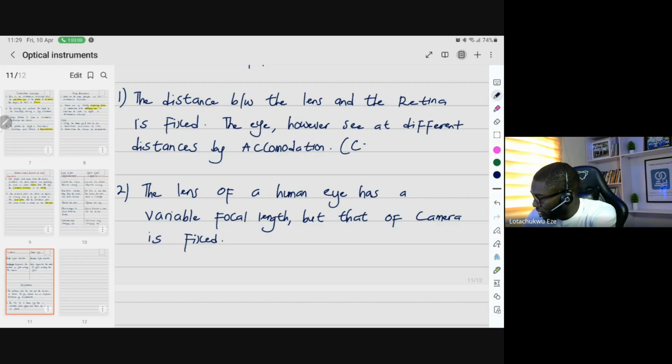Remember, for the camera, the distance is adjusted or adjustable. So these are the key points.